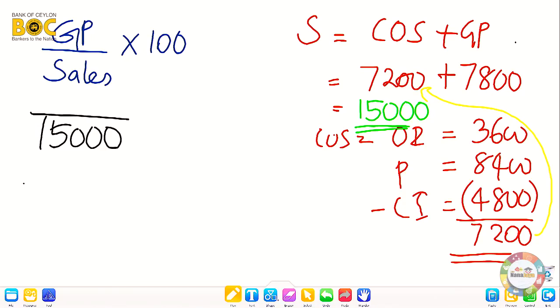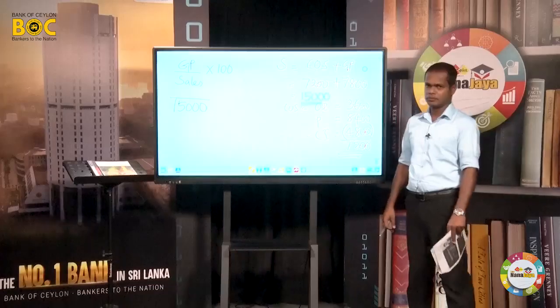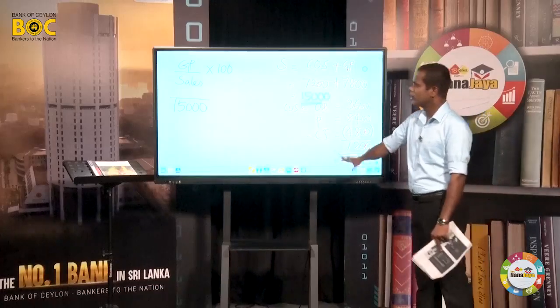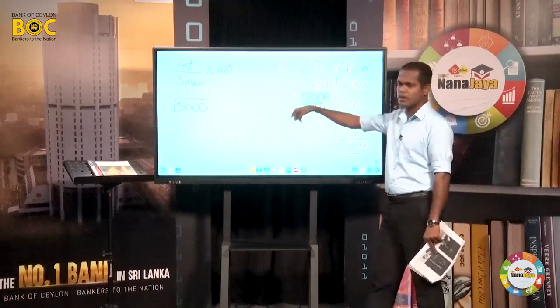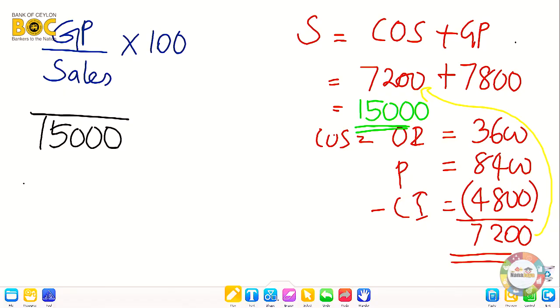Now the issue is to calculate the gross profit. Sales we found. Sales equal cost of sales plus gross profit. Gross profit is given, and cost of sales is opening inventory plus purchases minus closing inventory.